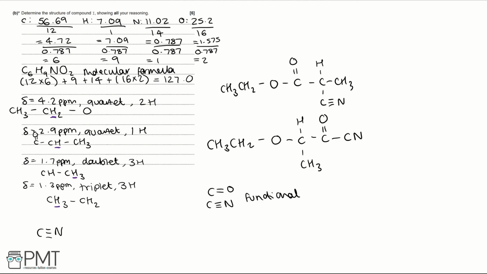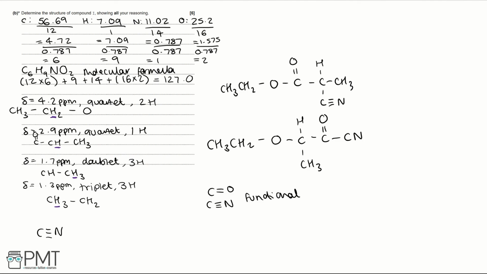And if there was an NH something, so an amide or an amine, that would show up in the proton NMR spectrum. And there are only 4 proton environments, so we can't have an amine or an amide. We have to have this nitrile functional group.